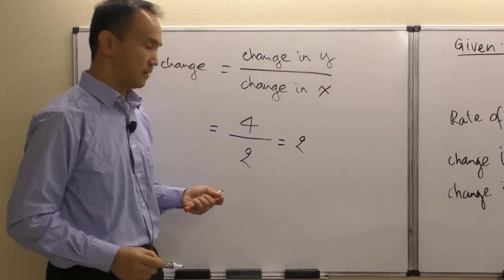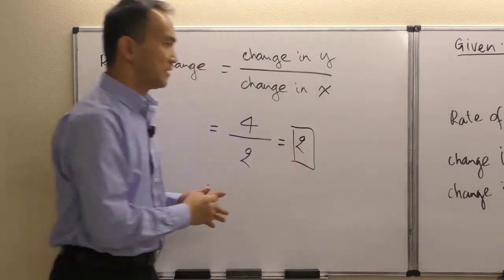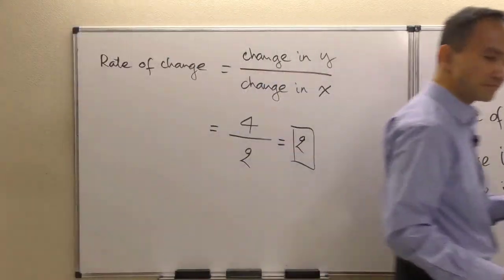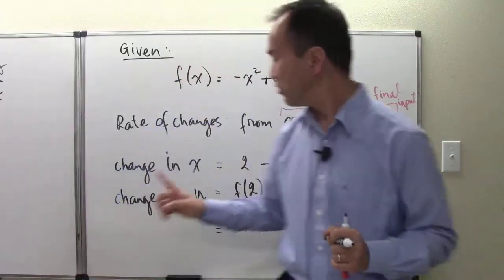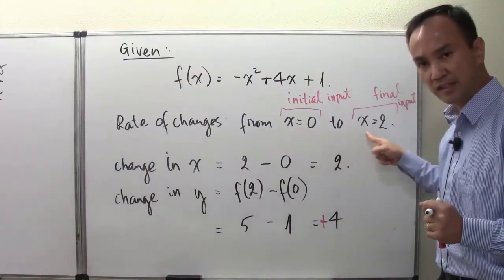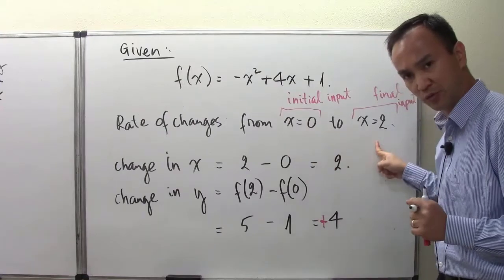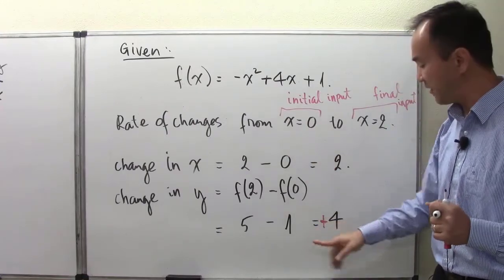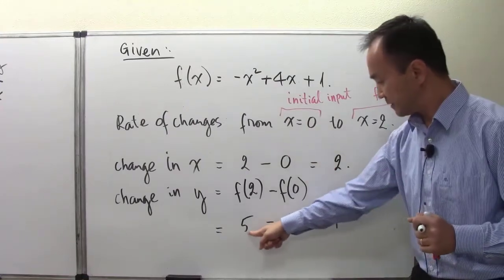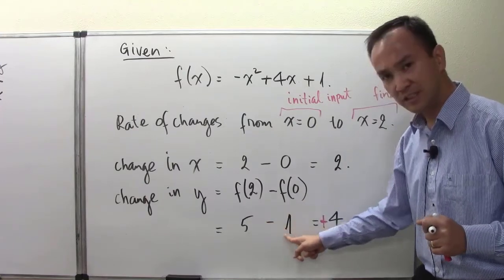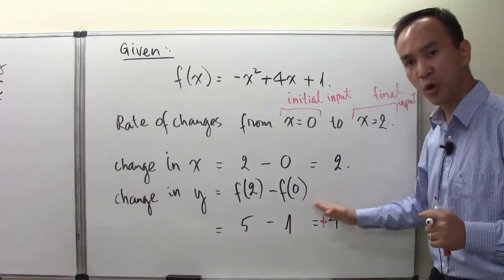So, ladies and gentlemen, as the x value changes from x equals 0 to x equals 2, our y value changes from 1 to 5, and it made a total change of 4.